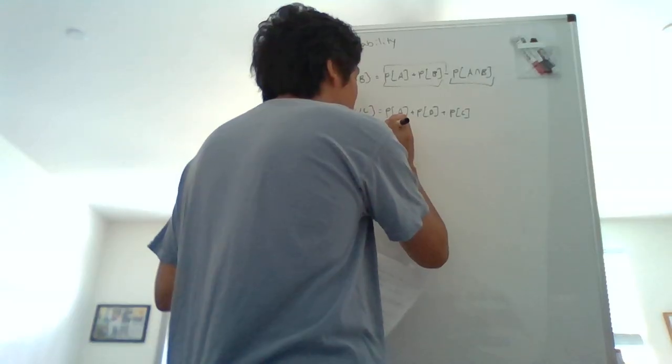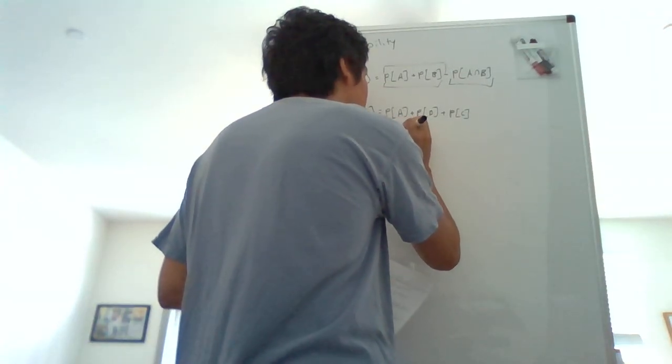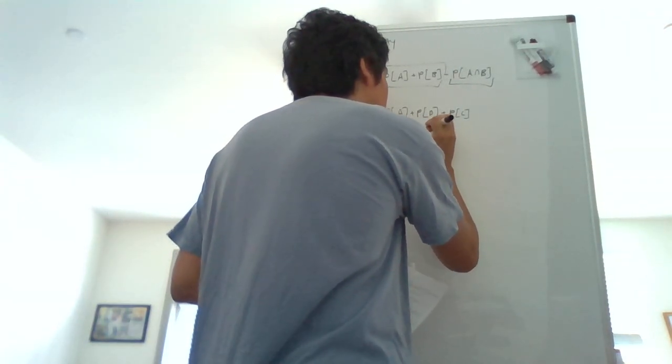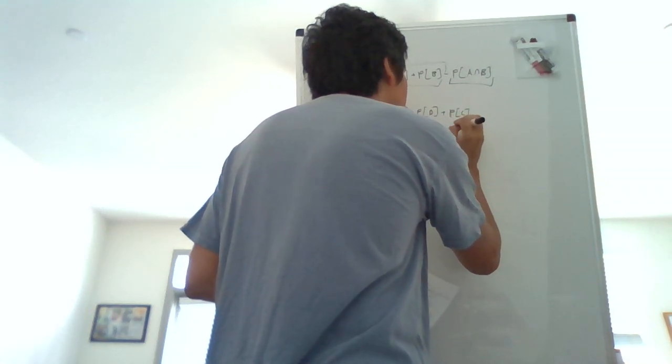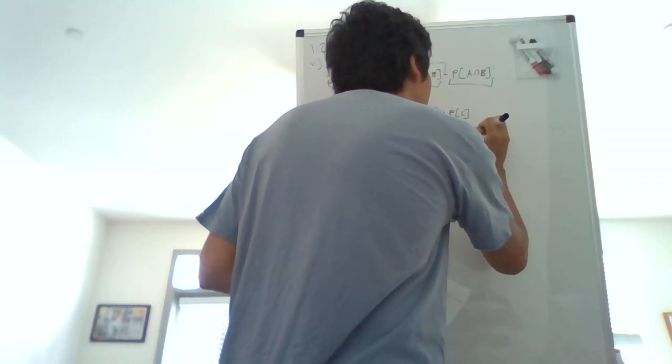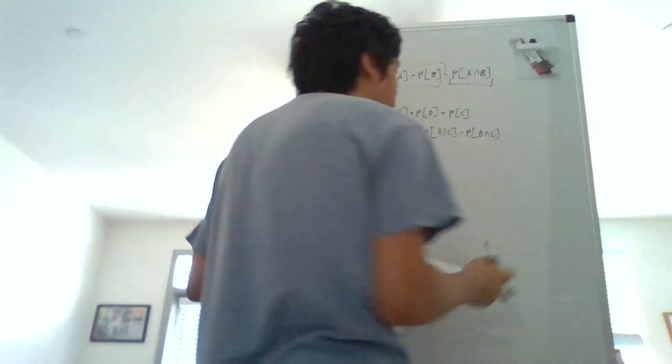So we're subtracting the probability of A intersect B, minus the probability of A intersect C, minus the probability of B intersect C.